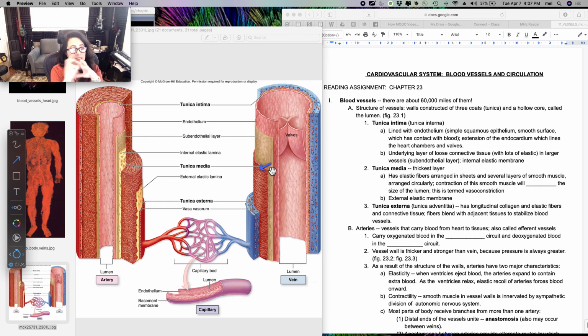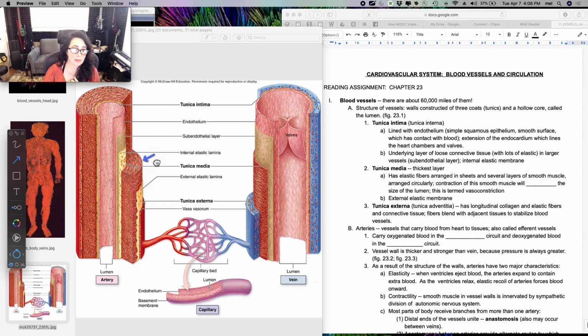Arteries have really thick walls compared to veins because the pressure in an artery is much, much higher. The tunica media is also elastic, and there is another layer of elastic connective tissue superficial to the tunica media in an artery, but not in a vein.